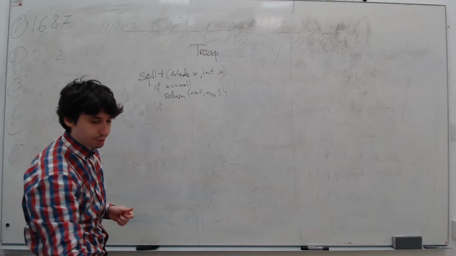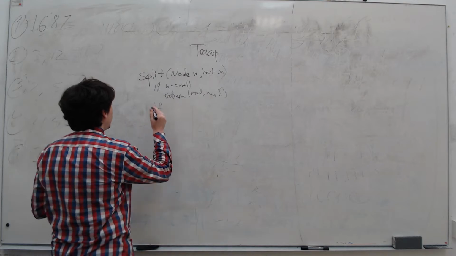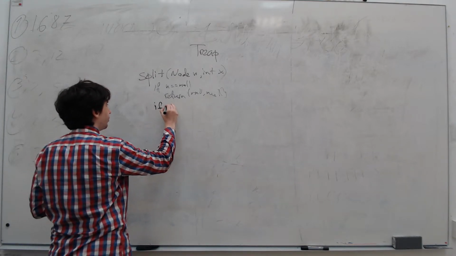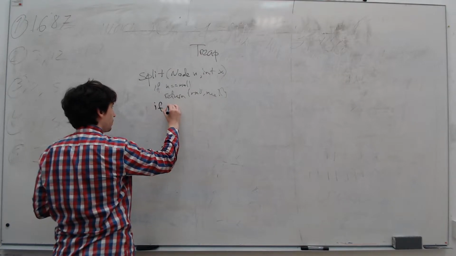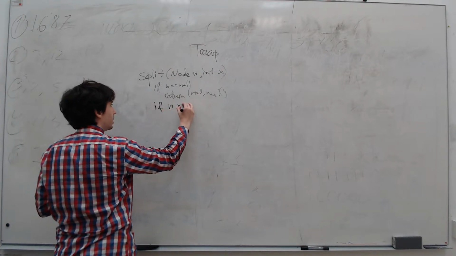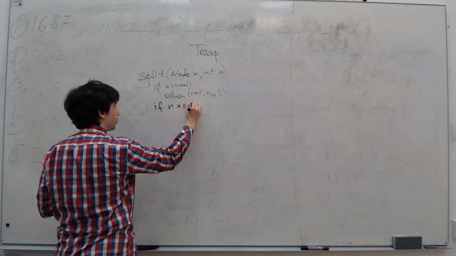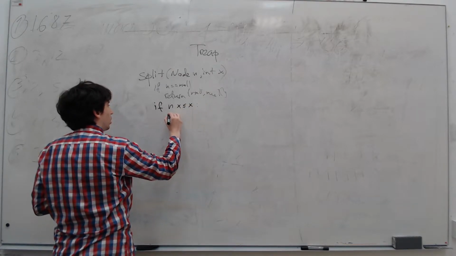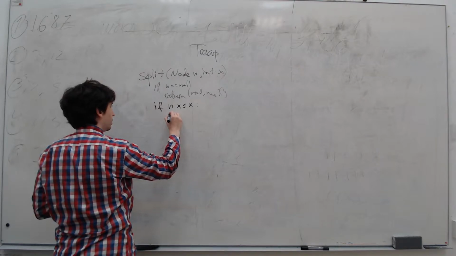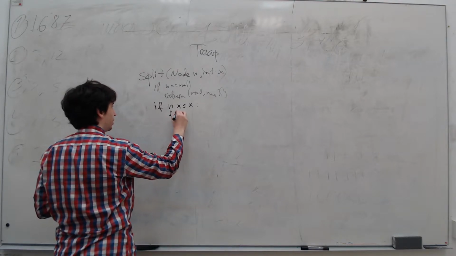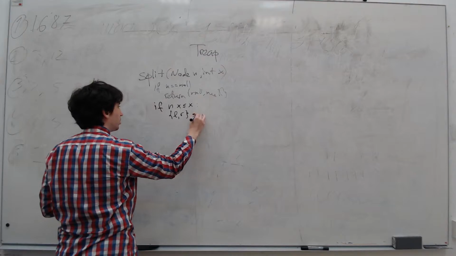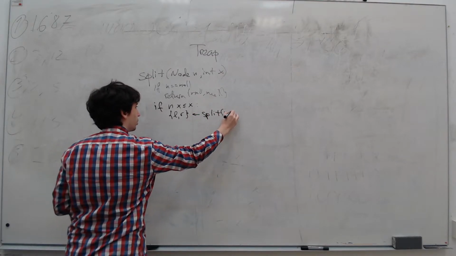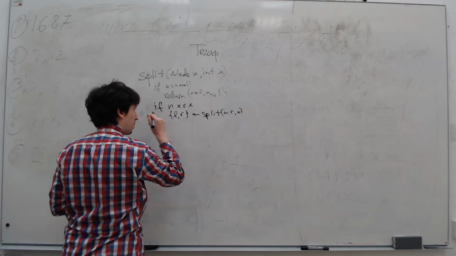If n.x is less than or equal to x, then we say pair left, right equals split n.r by x.